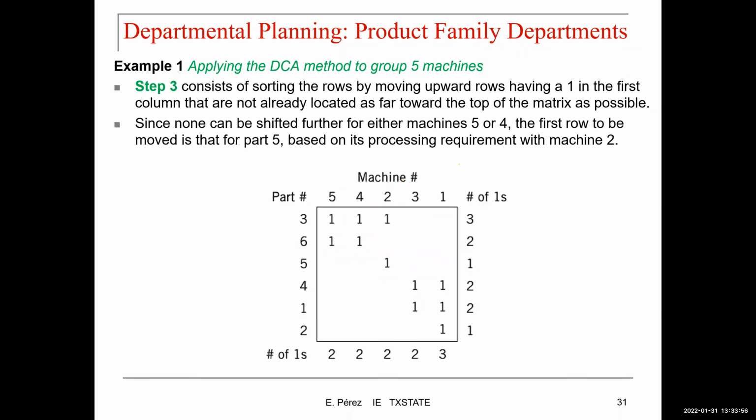So step 3 consists of sorting the rows by moving upwards rows having a 1 in the first column that are not already located as far toward the top of the matrix as possible. Since none can be shifted further for machines 5 and 4, the first row to be moved is that for part 5 based on its processing requirement with machine 2.